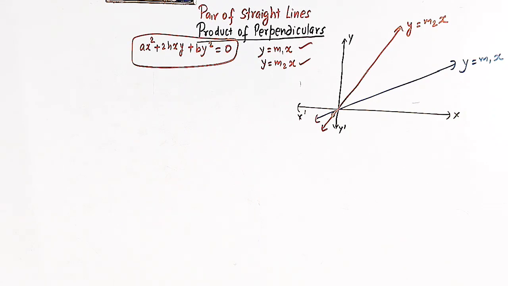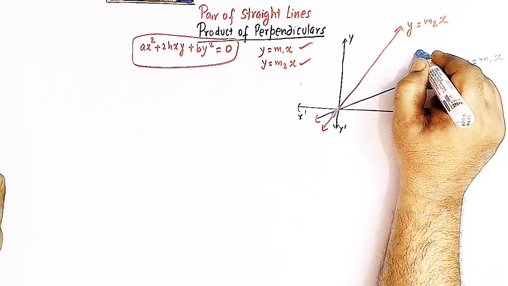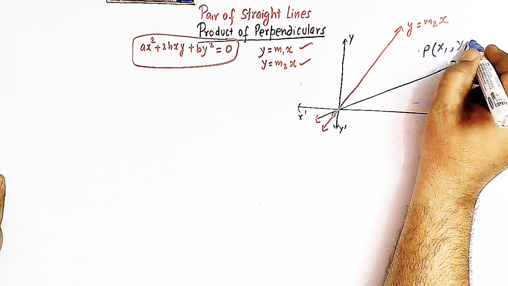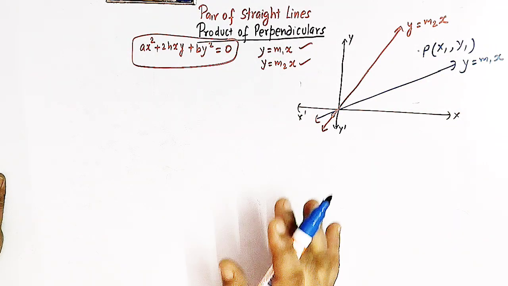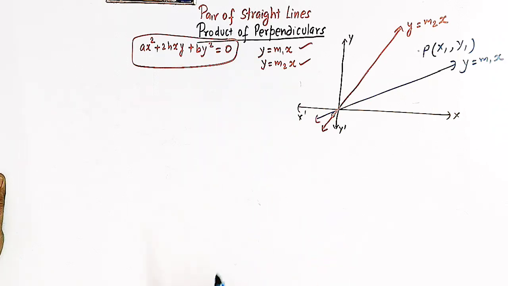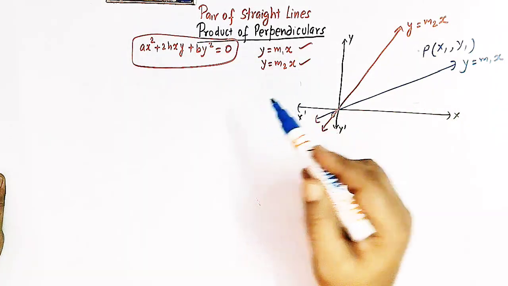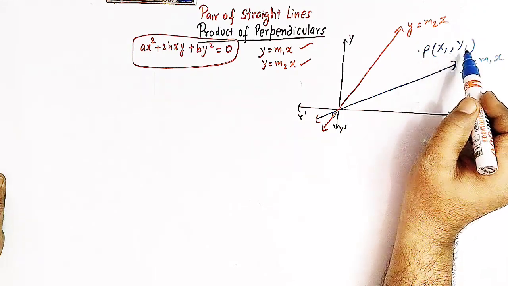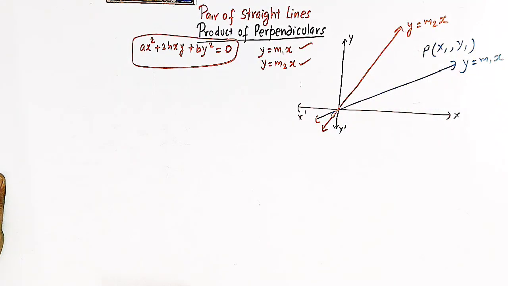Now consider a point, say P, whose coordinates are x1 comma y1. What we have to do in this lecture is to find the product of perpendiculars which are drawn from this point P, x1 y1, to these two lines.